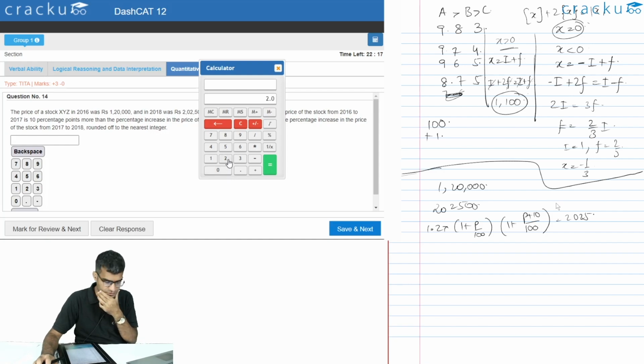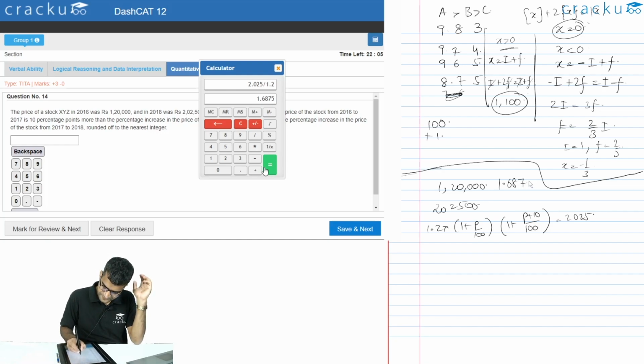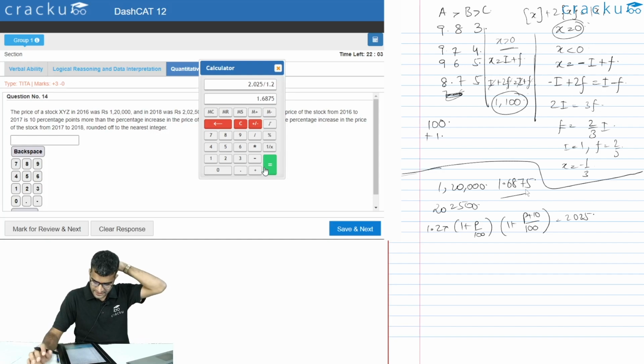2.025 by 1.2. This is 1.6. Okay. I'll try to go with trial and error.